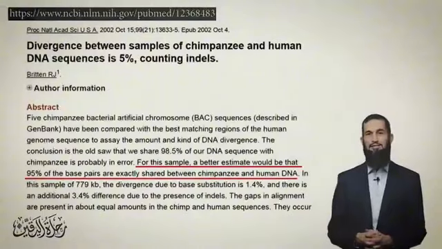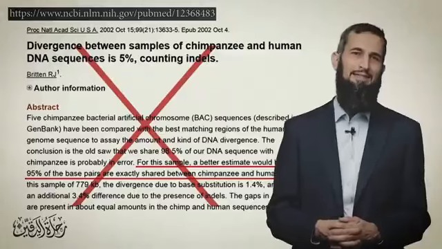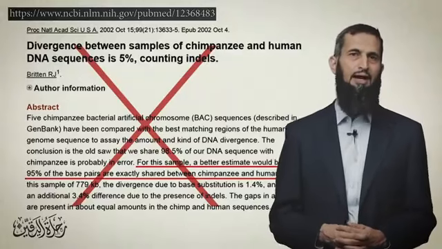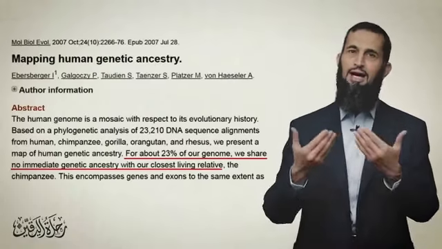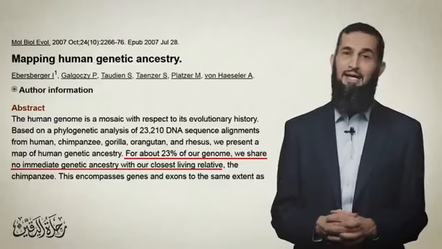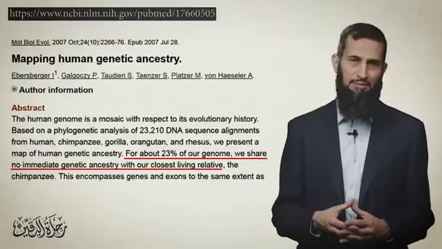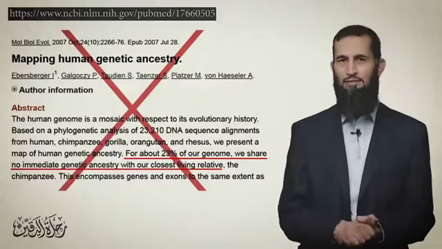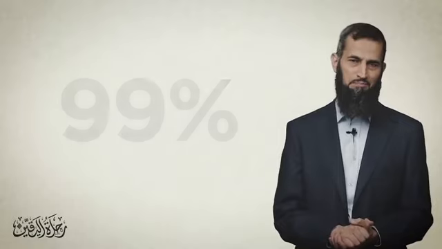Another analysis which concludes a homology percentage of 95% is ignored by myth propagandists in order to keep alive the exciting action number, 99%. Another more recent study presents a difference of 23%, which means that the similarity is 77%, not 98 or 99%. This is also ignored by myth propagandists for the sake of the action number, 99%.